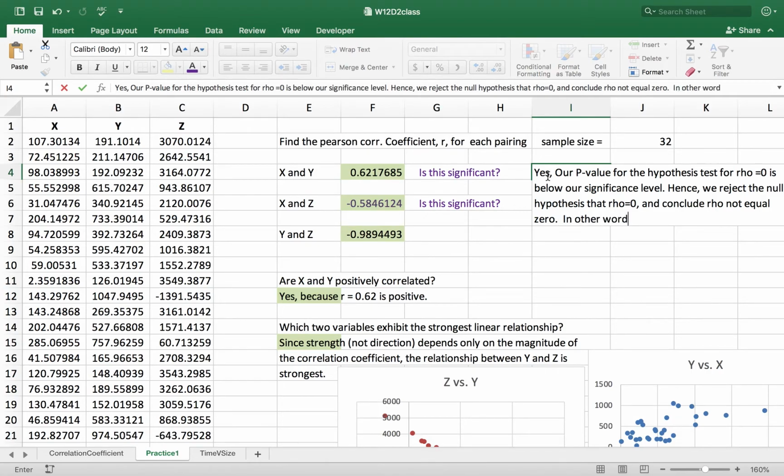In other words, there is a significant relationship, and in fact we can replace that with, because we know it's a linear relationship, correlation between x and y.